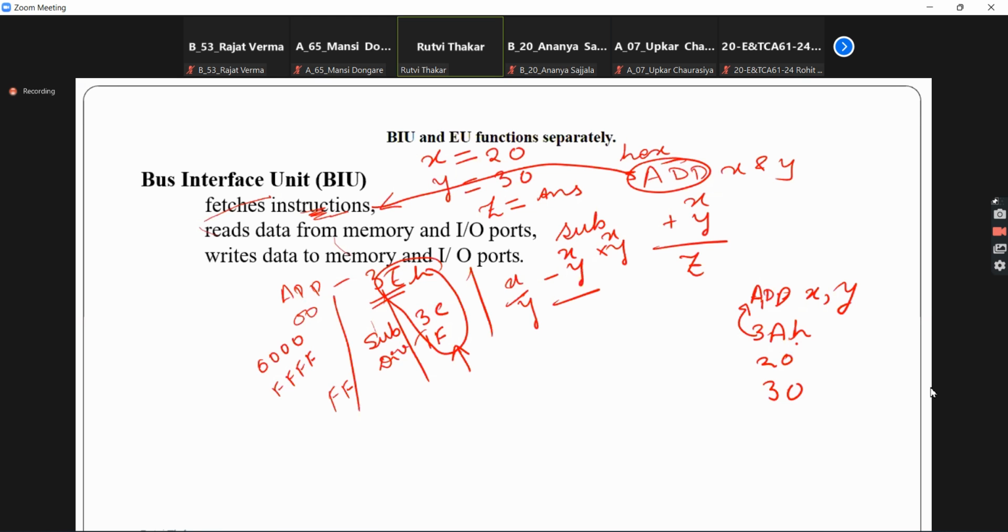So it will be 3a hex, 20 hex and 30 hex. The value of x we had defined as 20, and the value of y as 30. So the code for the microprocessor will not be add x comma y; it will be 3a, 20 and 30, for one particular instruction.